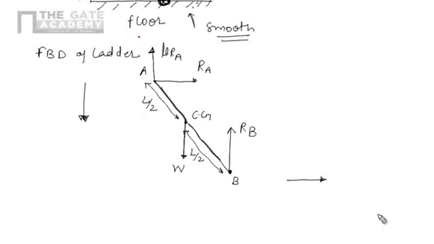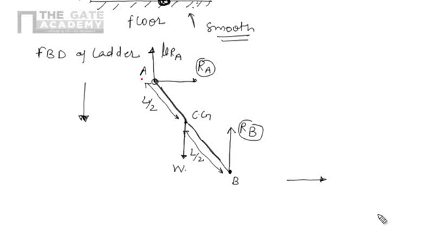So in this way we can make the free body diagram for this ladder. Here we have the gravitational force. Here we have the reaction RA. Here we have the reaction RB. This reaction is due to the contact.